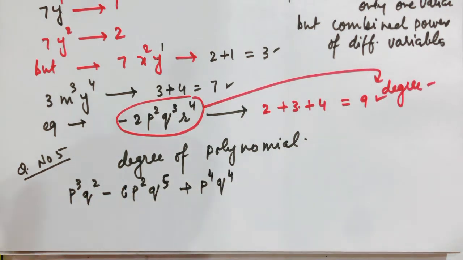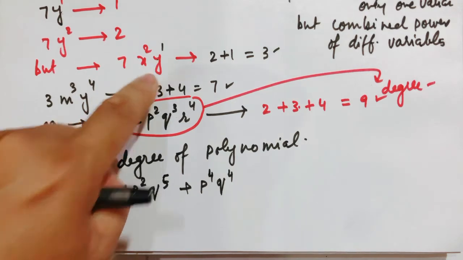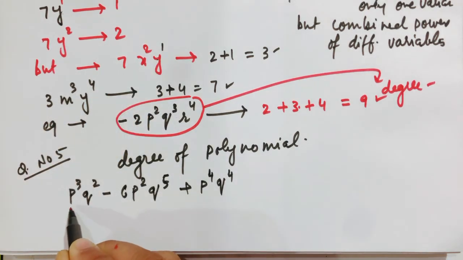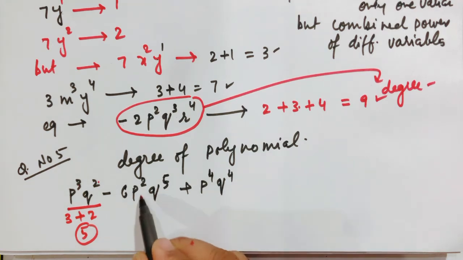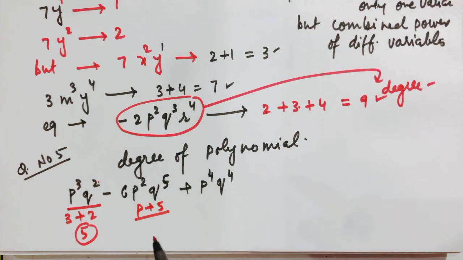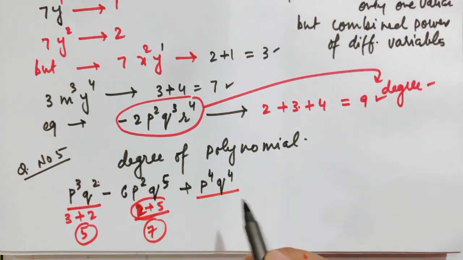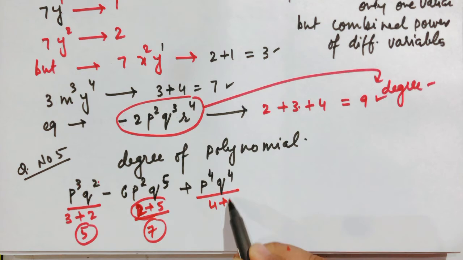We just studied how to find the degree of a term. So the degree of this particular term will be equal to 3 plus 2, which is equal to 5. Similarly here 2 plus 5, which will give you 7. Similarly over here you have 4 plus 4 is equal to 8.